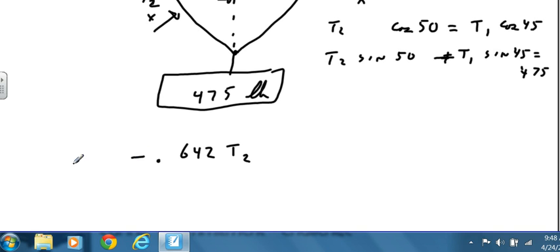So 0.707 T1 minus 0.642 T2 has to be 0. That's the first equation.